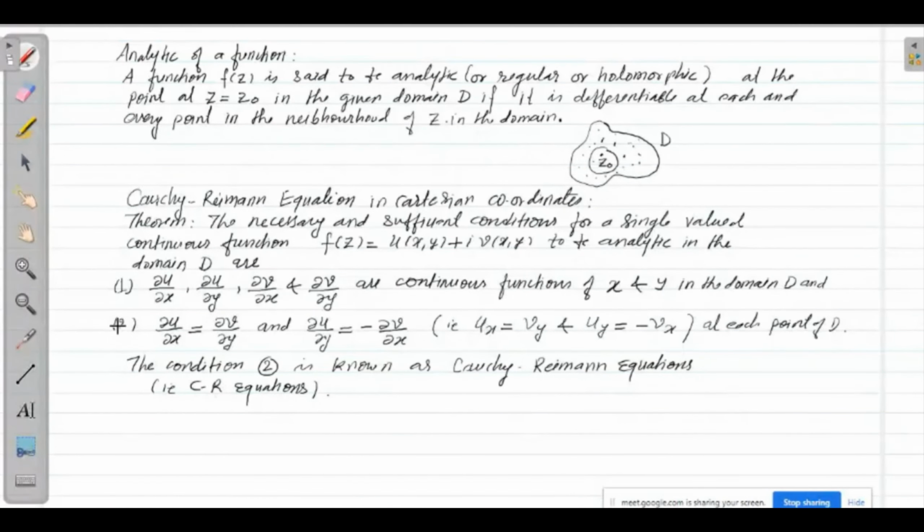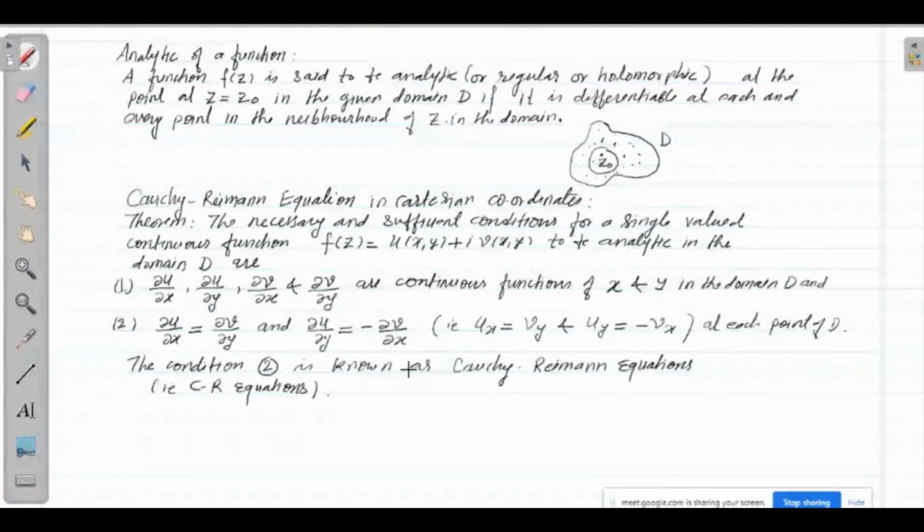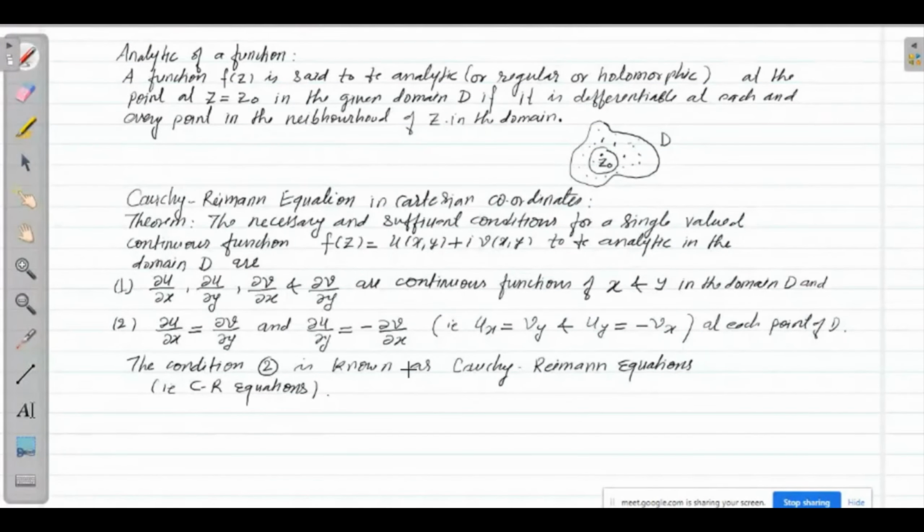These are two conditions, and if your function satisfies them, we can say that the function is analytic. So these are the necessary and sufficient conditions for a function to be analytic. Got it? Let us do some problems based on this, then you will understand the Cauchy-Riemann equation.